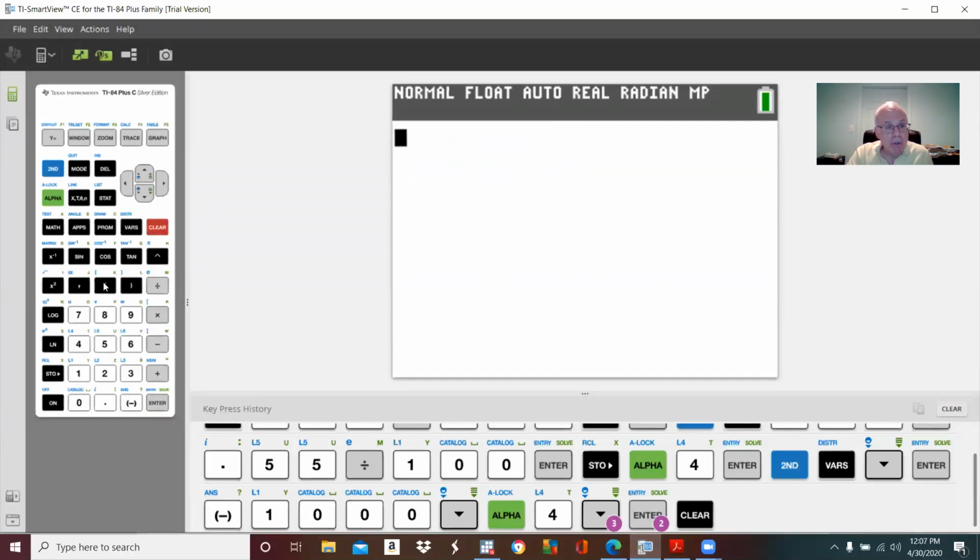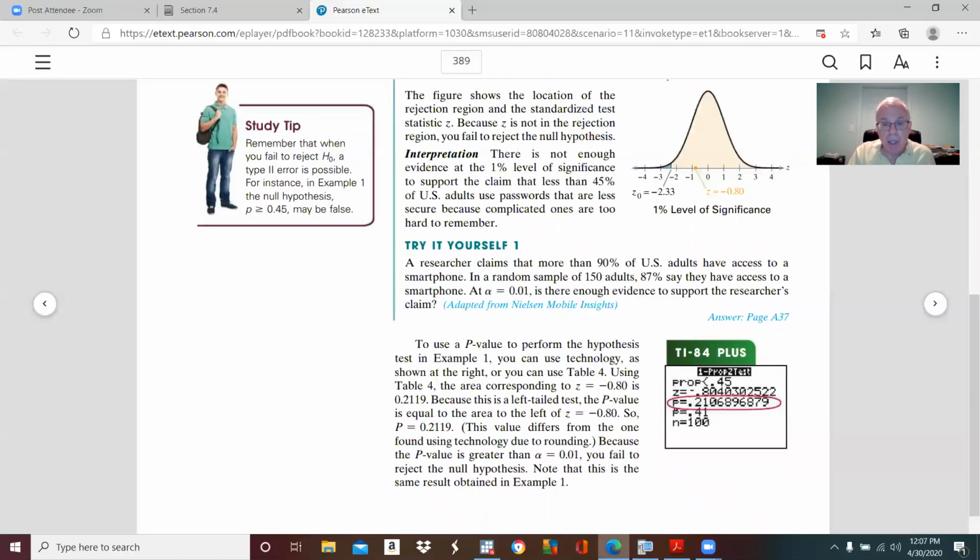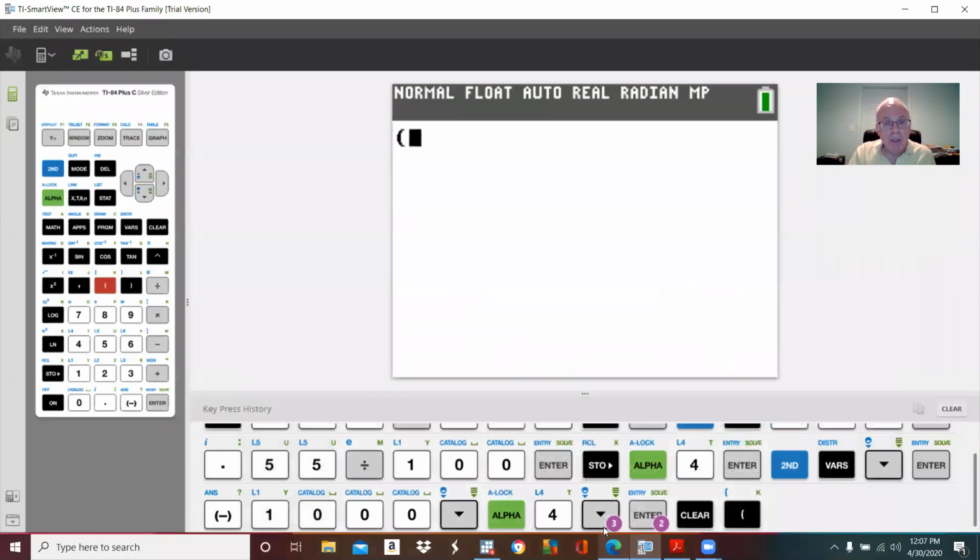And once again, we're going to do the test statistic, which is p in the numerator is p hat minus p. So p hat in this case, again, let's look again at the problem. p hat is 0.87, and p is 0.9. Right? So 0.87 is p hat, right?